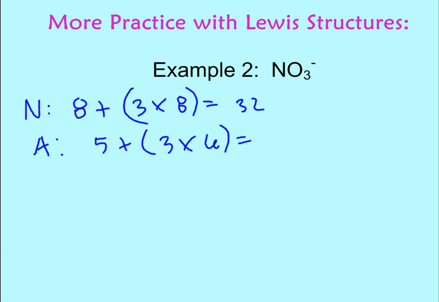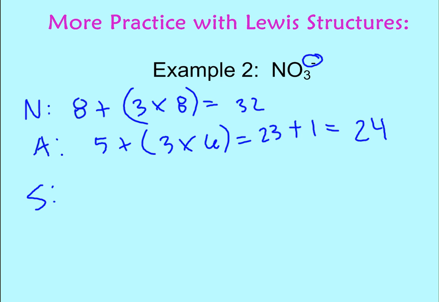This gives me a grand total of 23 valence electrons. Now remember, if there's a charge, you have to do the opposite. Because there's a charge here, I have to add an extra electron. So I'm going to have 24 valence electrons. That's because it's negatively charged, so I have to add an extra one. That was the exception rule on the previous slide.